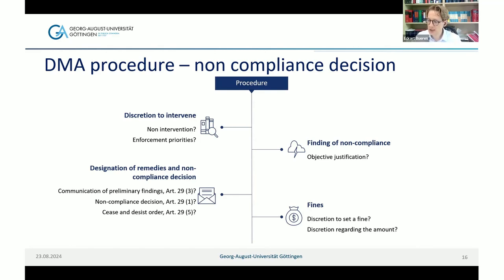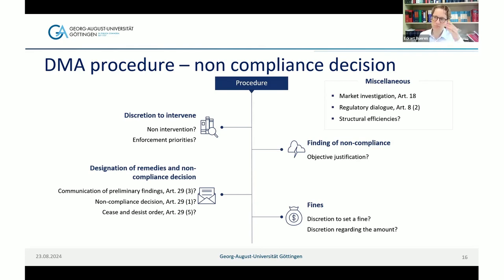So that is the first stage, and then I have some aspects that I've labeled miscellaneous. Miscellaneous is not a very good word here, but it means aspects of the regulatory proceedings that I cannot exactly put into this time scale. For instance, the market investigation usually comes at the very end. In case of systematic non-compliance, the regulatory dialogue can actually occur in several stages of the proceedings.